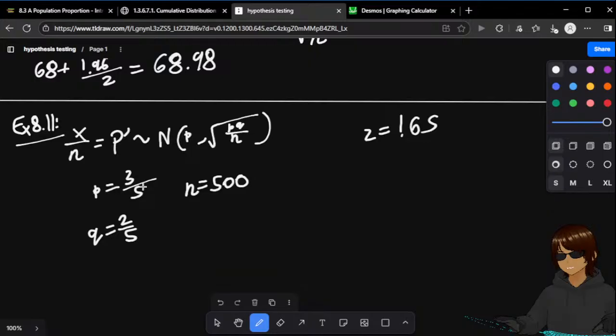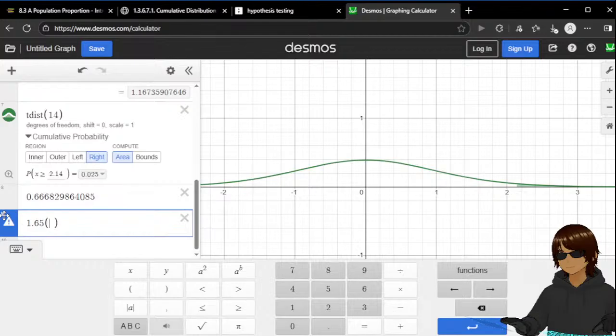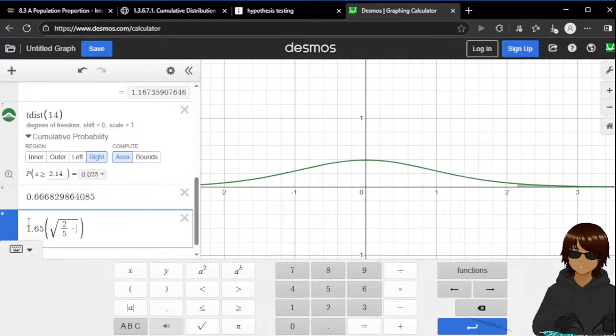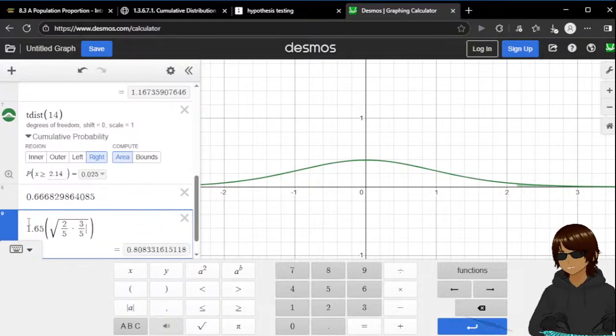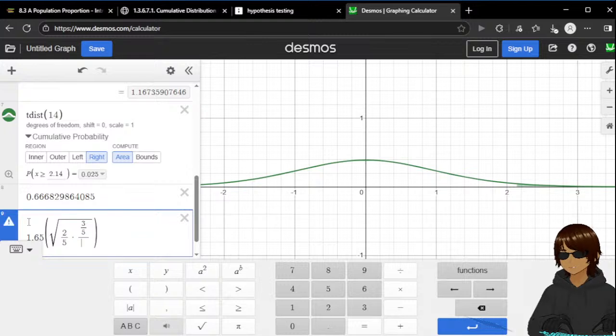Square root of 2 over 5 times 3 over 5. This entire thing divided by 500.